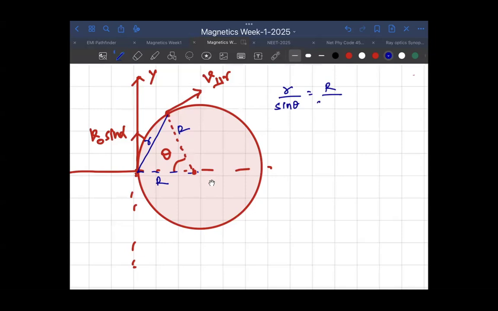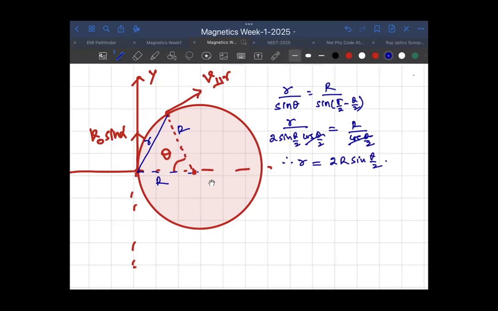So capital R by sin of pi by 2 minus theta by 2. So small r by 2 sin theta by 2 cos theta by 2 is equal to capital R by cos theta by 2. So therefore, small r is 2 capital R sin theta by 2.